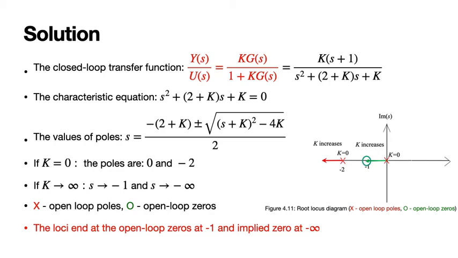In this case we have two root loci, the first one here and the second one here. So if we have a zero, one of the root loci will end at the open loop zero, while the other root locus will end at infinity.